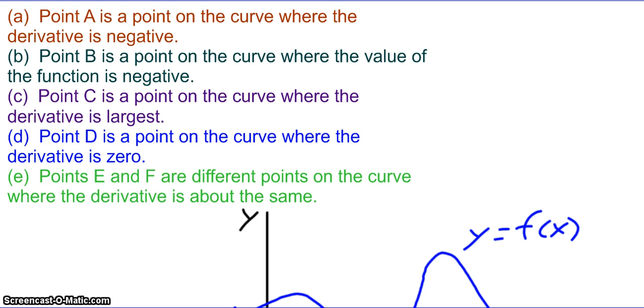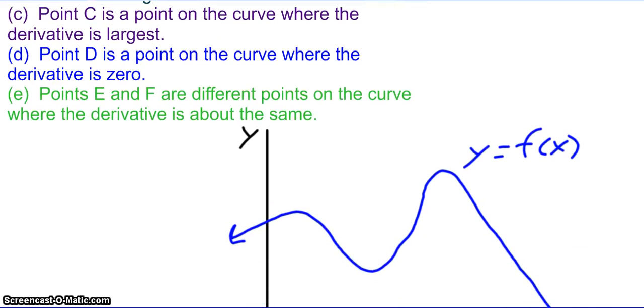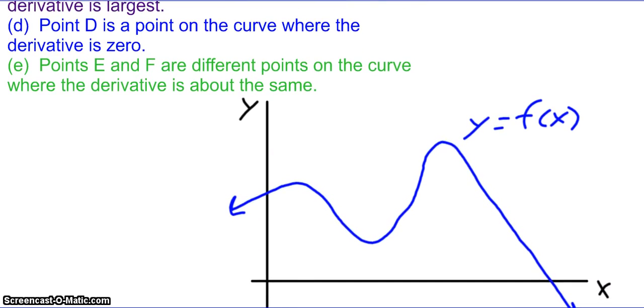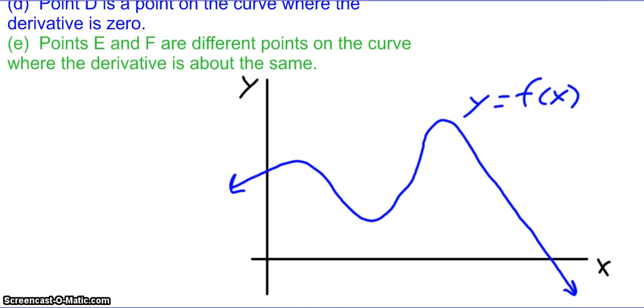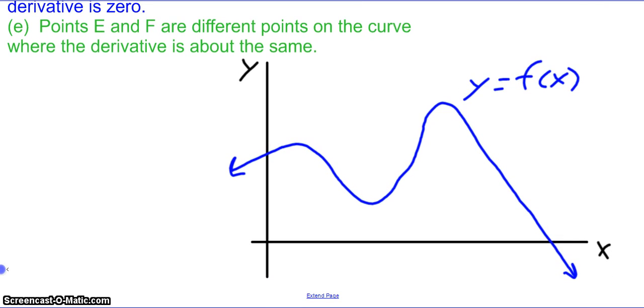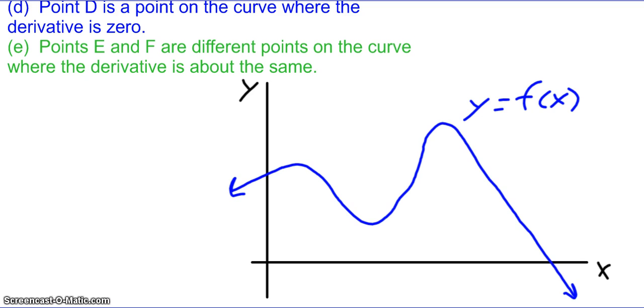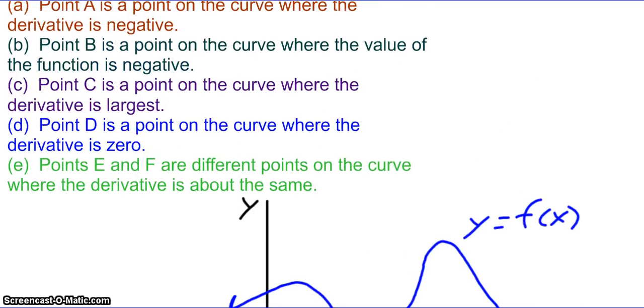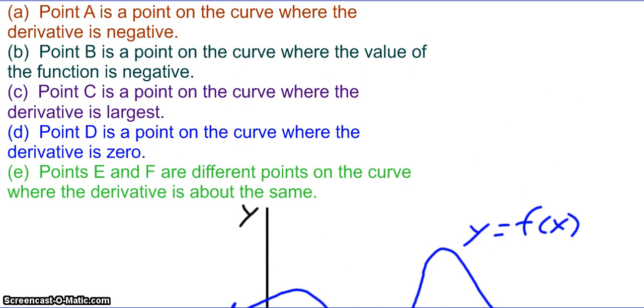C is a point on the curve where the derivative is largest. D is a point on the curve where the derivative is 0. And E and F are different points on the curve where the derivative is about the same. So some of these have many correct answers or ranges of answers, but I want you to look at that graph and then try to label these points. So pause the video, unpause when you're ready to check your work.